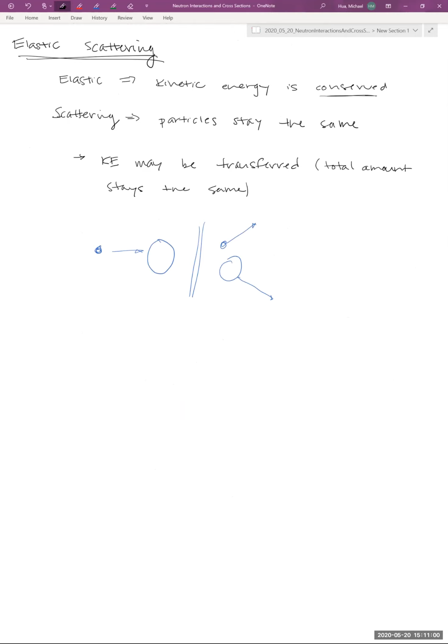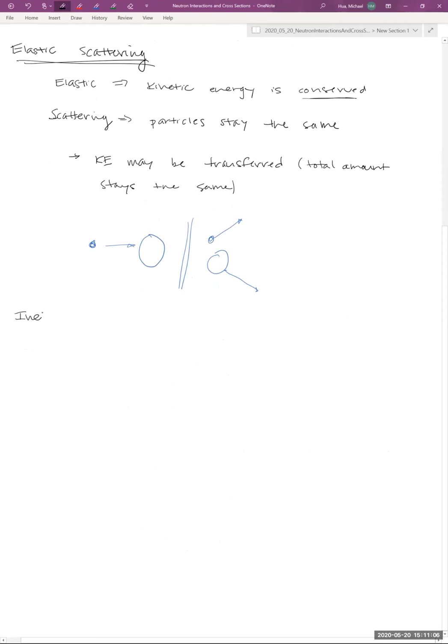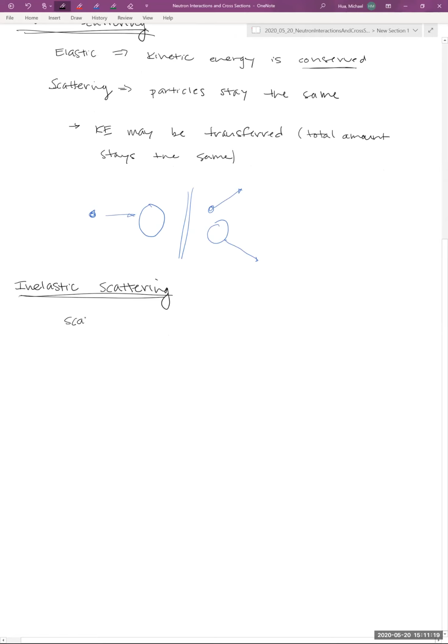Now we'll go to inelastic scattering. In inelastic, we still have that it's scattering, so the particles are still staying the same. But now inelastic means that kinetic energy is not conserved.